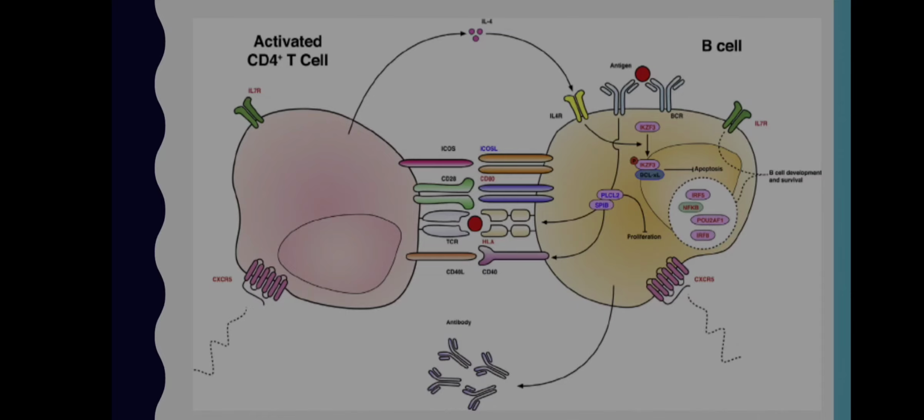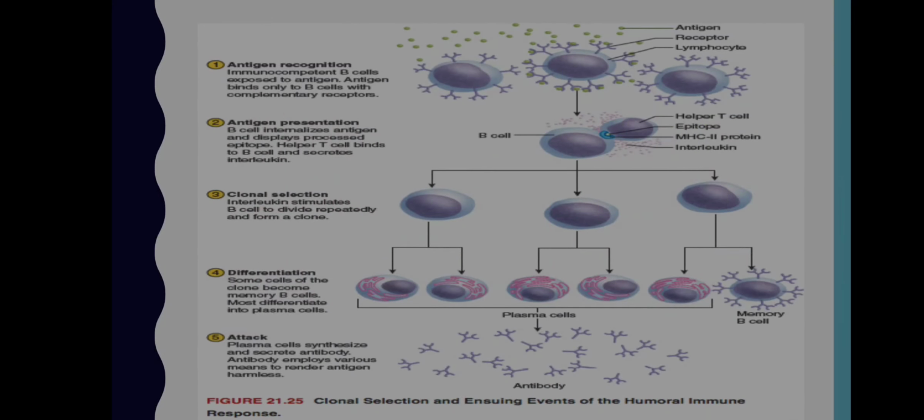This red dot shows the epitope on the antigen. When the T cells attach to the B cells on the epitope, they release hormones such as interleukin.